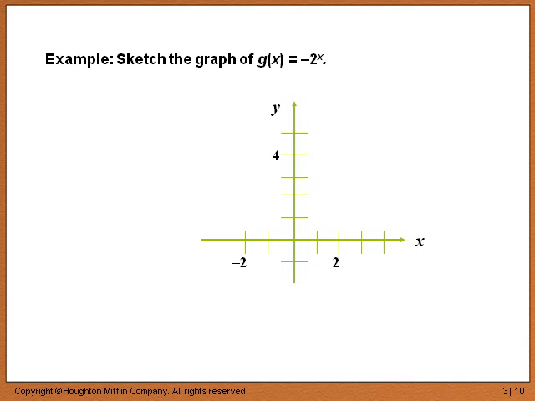Now let's look at the graph of g of x equals negative 2 to the x. As usual, we graph our f of x equals 2 to the x so we can compare it to the function g of x. And when we draw the function g of x, this is what we get.